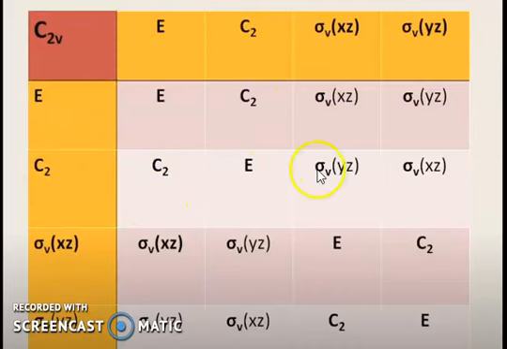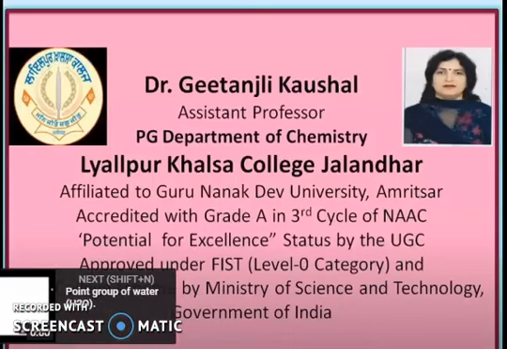Rotation into reflection gives reflection, and reflection into reflection gives rotation or E, and the last column is sigma V yz, sigma V xz, C2 and E. So this is the group multiplication table for the point group C2V, and it is to be noticed that there should be no repetition along any row or any column. This is the group multiplication table for the water molecule, C2V.